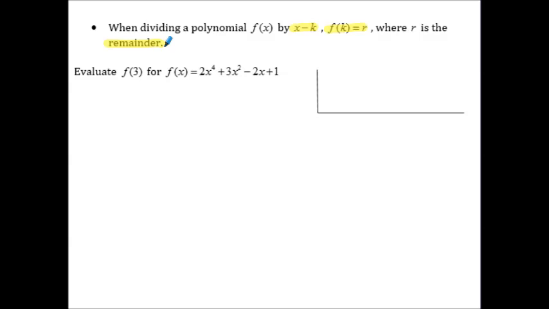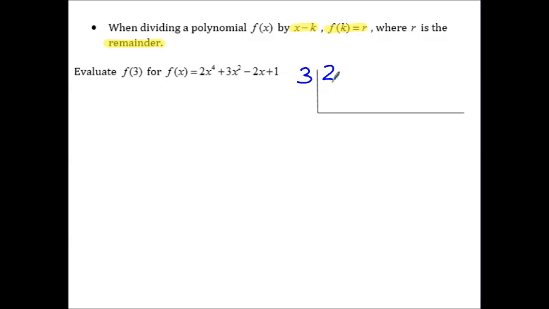Let's look at what this means. We want to evaluate f of 3 for f of x is equal to 2x to the 4th power plus 3x squared minus 2x plus 1. So if we want to find out f of 3, 3 is the number that goes on the outside, and now we're going to fill in the coefficients of all our terms, but be careful here.